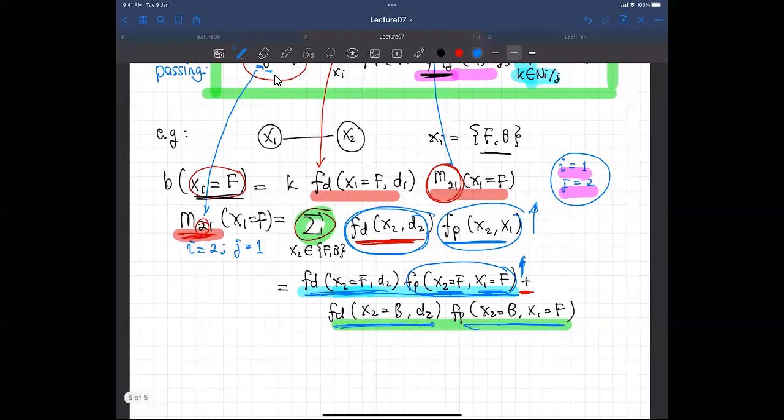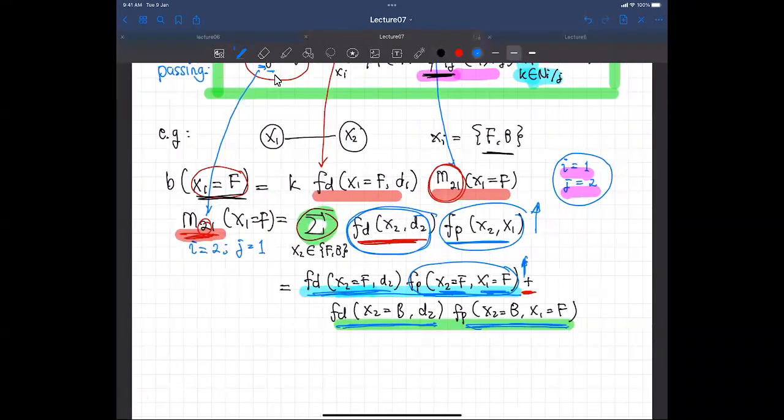And this one, FP here, is how likely your friend and yourself are to have different beliefs, right? If it is low, for example, if the two are different, it is low. Your friend is not influencing you that much, it will be low. If your friend is influencing you a lot, then it will be high.